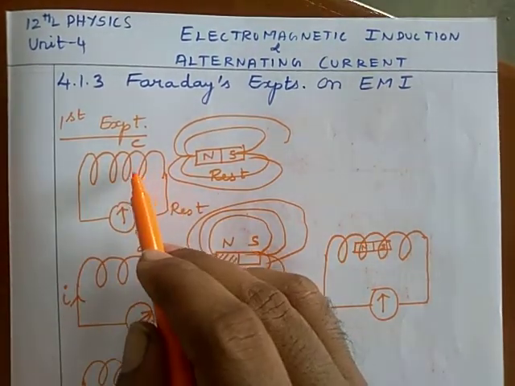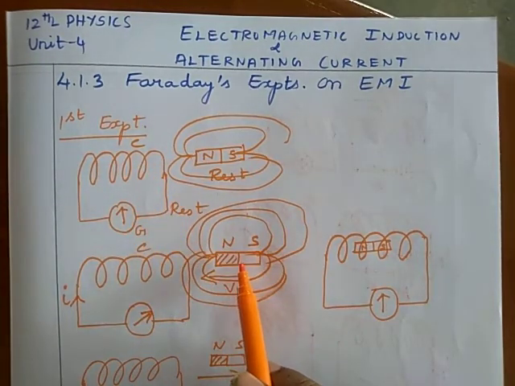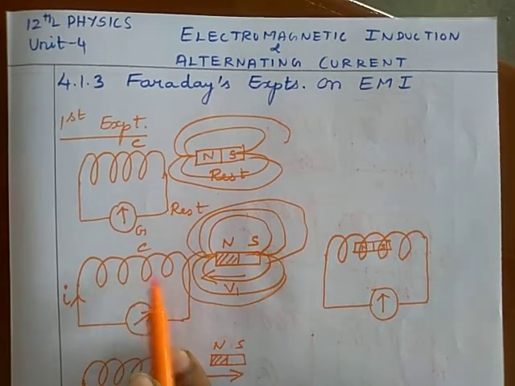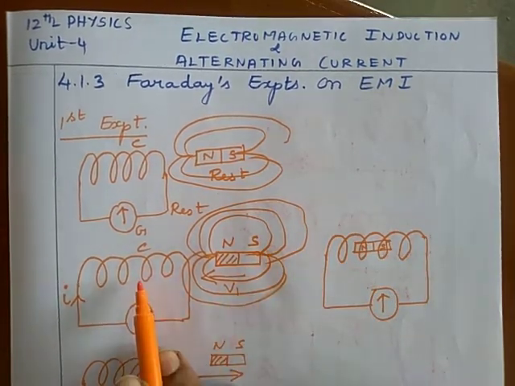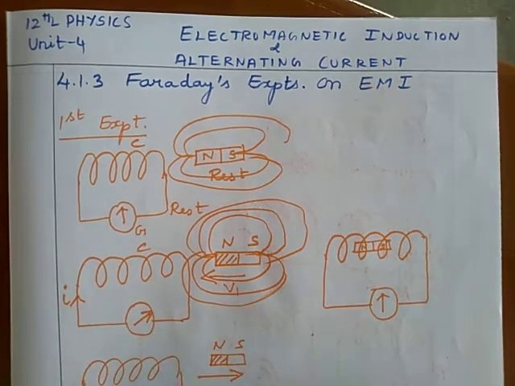That means there will be a flux linkage with the coil. If suppose I move the magnet towards or away from the coil, or the coil moves towards or away from the magnet, in that case the flux linkage will change.